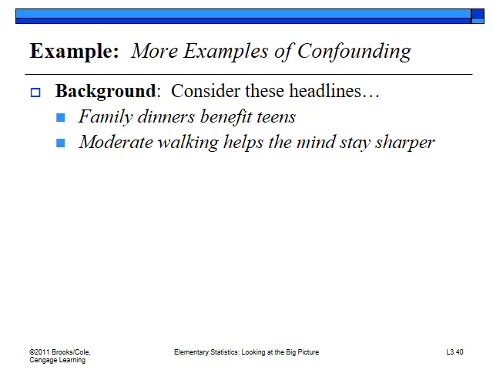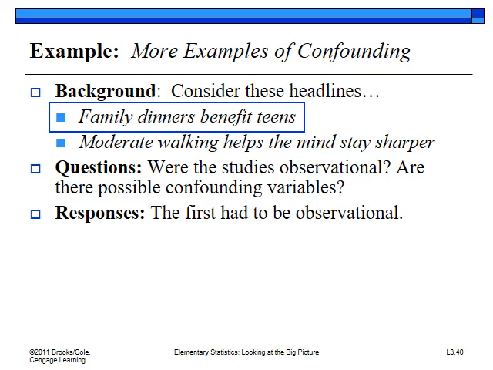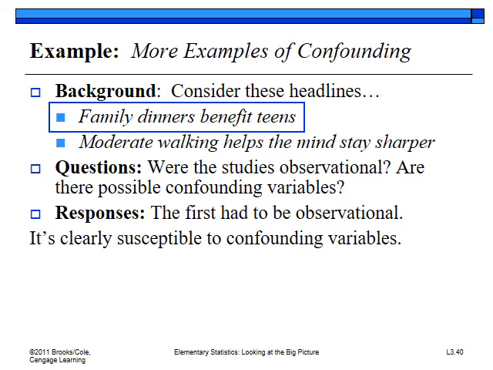Let's look at these last two headlines. Family dinners benefit teens, and moderate walking helps the mind stay sharper. Are these observational studies? Are there confounding variables? The first one is almost certainly observational, and it is certainly susceptible to confounding variables.